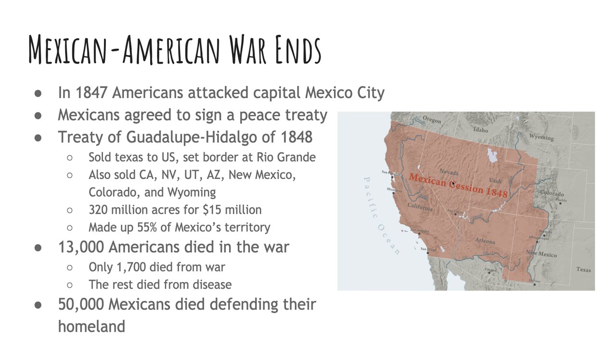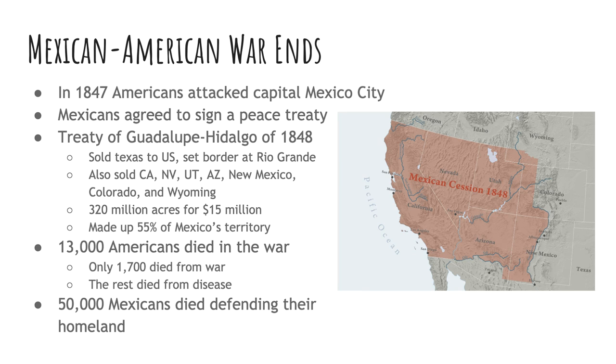So one thing was that Texas was sold to the United States officially, and it set the border at the Rio Grande. So now it made Texas even bigger, and that was part of the United States. The treaty also sold 32 million acres of land. So all of this land was sold to the United States, and later it would become known as the states of California, Nevada, Utah, Arizona, New Mexico, Colorado, and Wyoming.